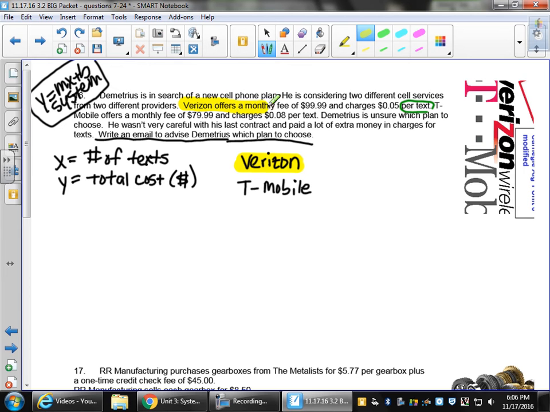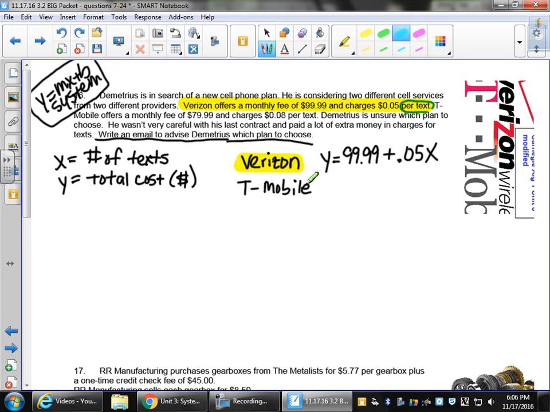Verizon offers a monthly fee of $99.99 and charges 5 cents per text. Translating that into our equation, y equals, this is a one-time fee each month, so just $99.99 flat rate for the month, plus 5 cents per text, so 0.05x.